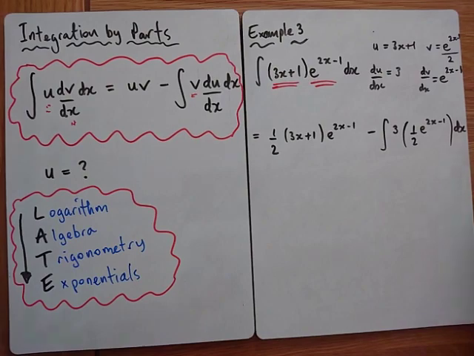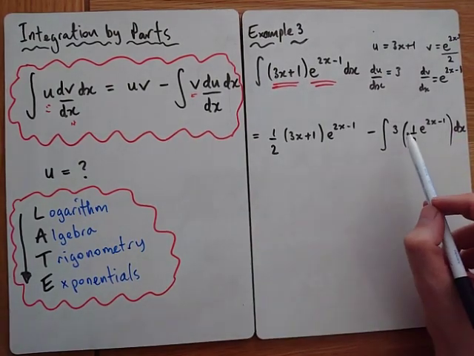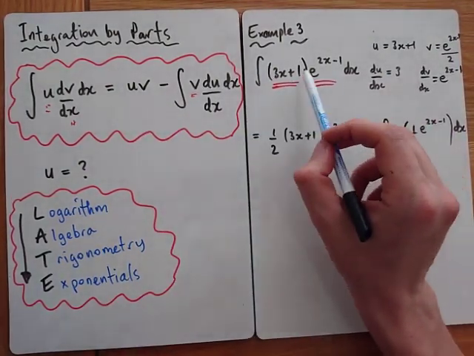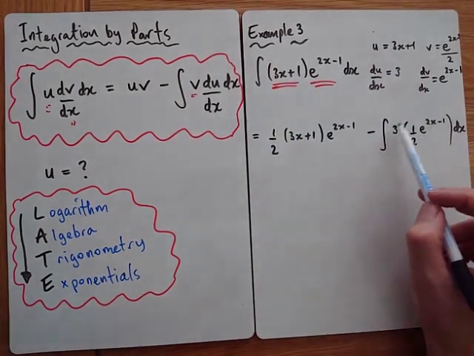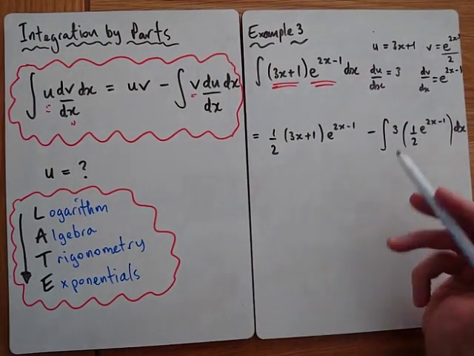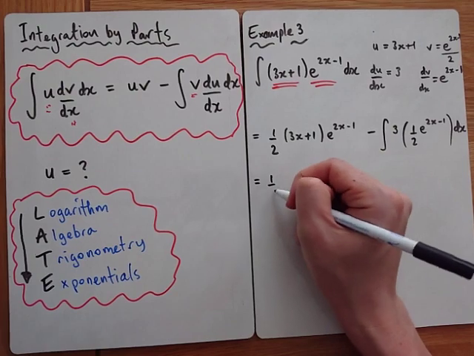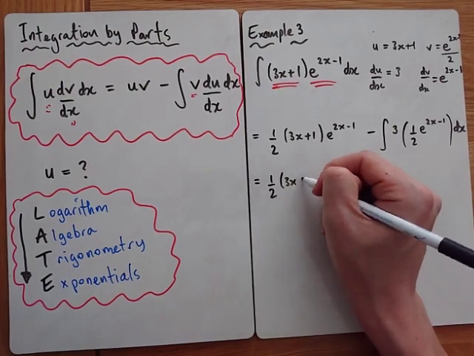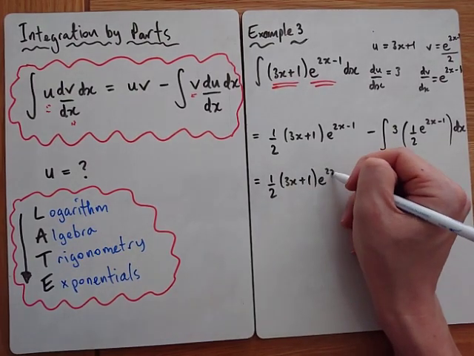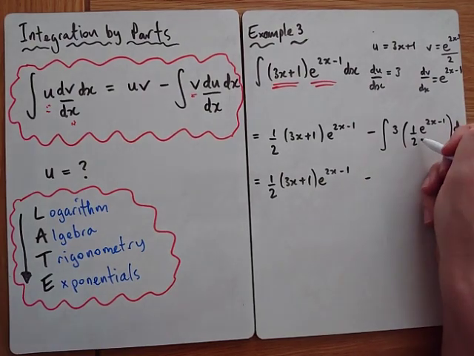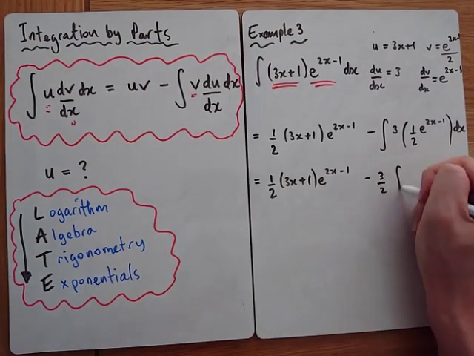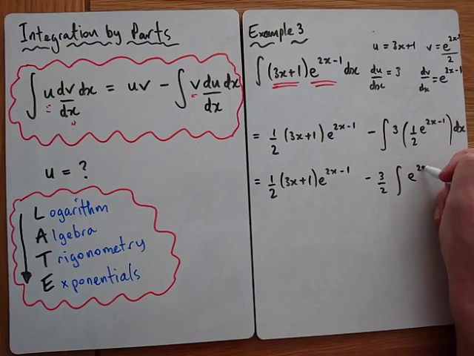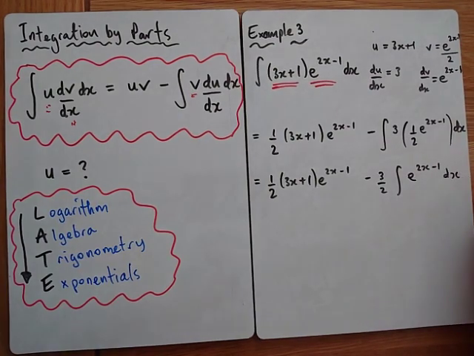You should notice, by the way, when you get used to this, that you know you've done this correctly, because remember, we're trying to avoid having two functions multiplied together, and now what we've got is just a constant and a function. Okay, so we can integrate this. I'm going to take the 3 over 2 outside and just integrate e to the 2x minus 1.